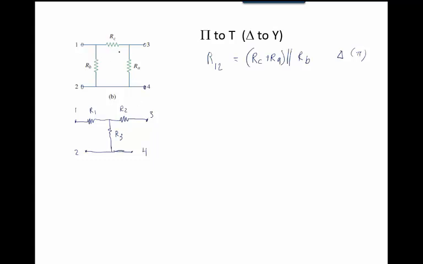So let's just say this is embedded somewhere and I can't use it, so I want to convert it into something like that, and I have a good example to do of that coming up. So now I look at this circuit here, so this is the pi, sorry, I call it delta, and this is the Y, also called the T circuit. So if I put my multimeter between here and here, what do I measure? What would I measure between 1 and 2?